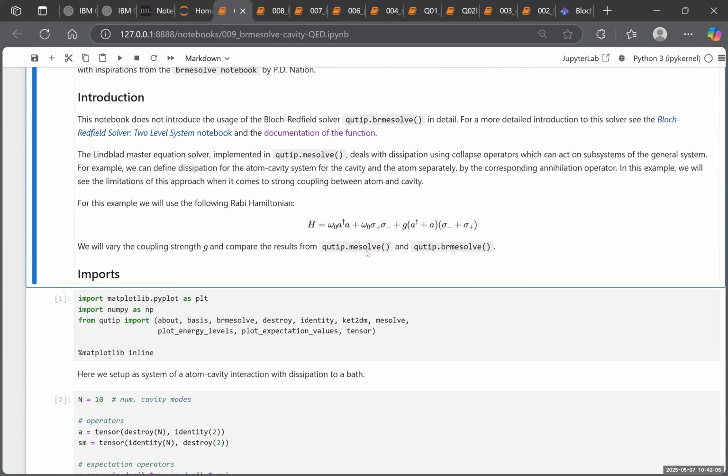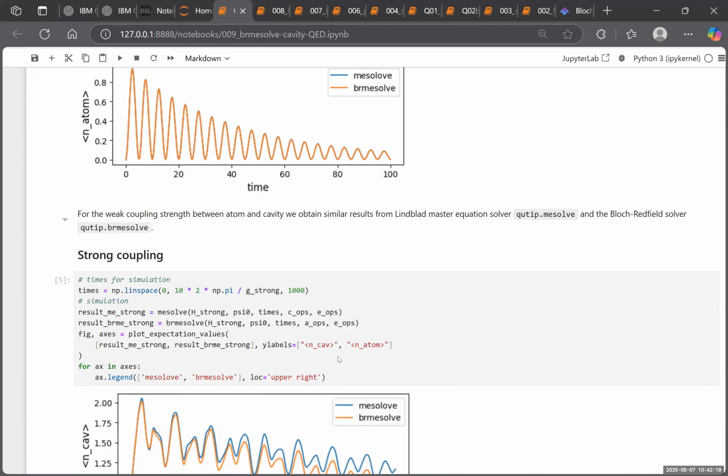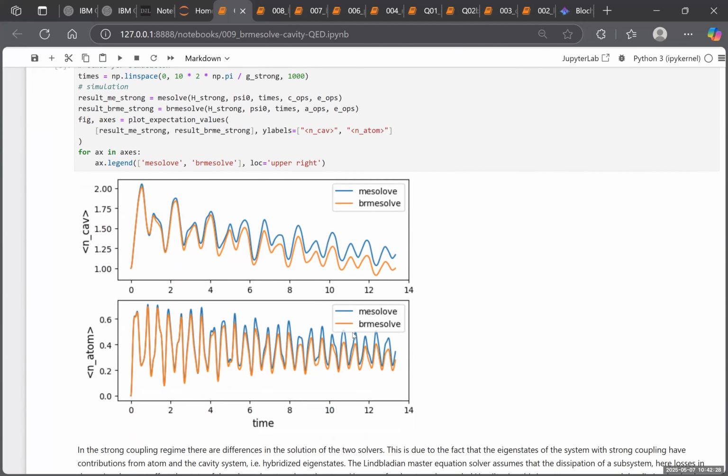If you use MESOLVE and BRMESOLVE, there's a difference. The example of a single qubit is too simple to illustrate the difference, but with the field, there is some difference. Actually, it gets bigger and bigger as you go increasing in time.